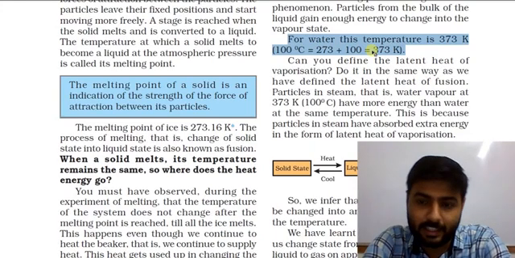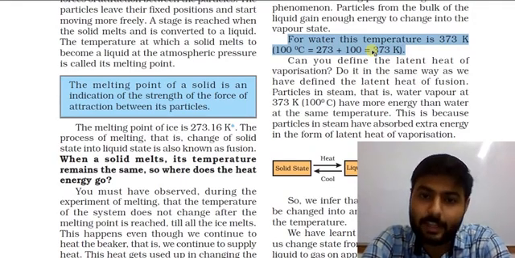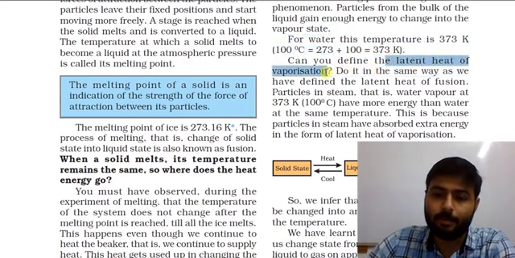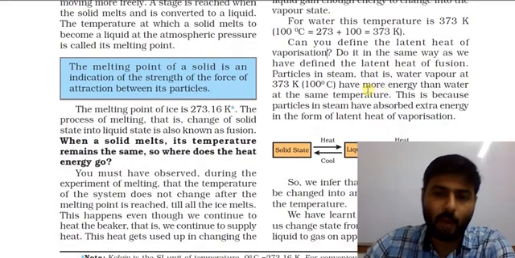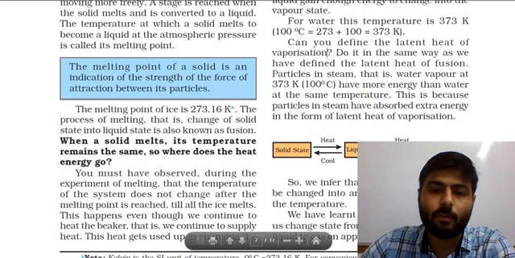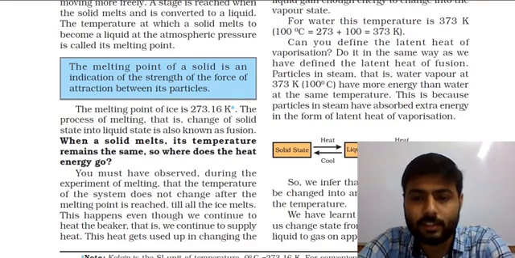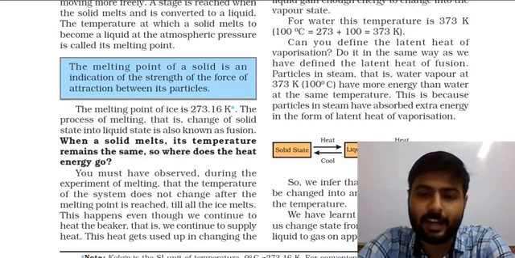So the energy required to convert 1 kg of liquid into gas at its boiling point at atmospheric pressure is known as latent heat of vaporization. Do it in the same way we defined the latent heat of fusion. We have discussed how we can define latent heat of vaporization. Particles in steam, that is water vapor at 100 degrees centigrade, have more energy than water at the same temperature.